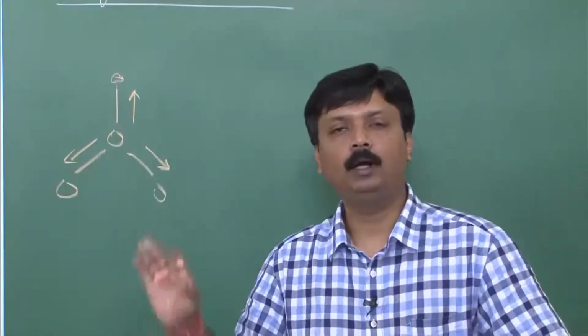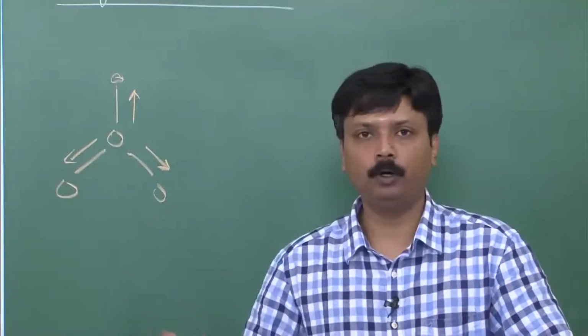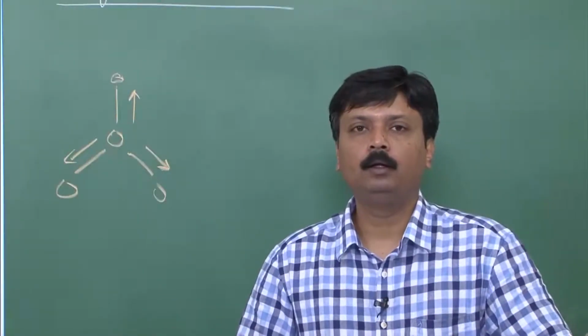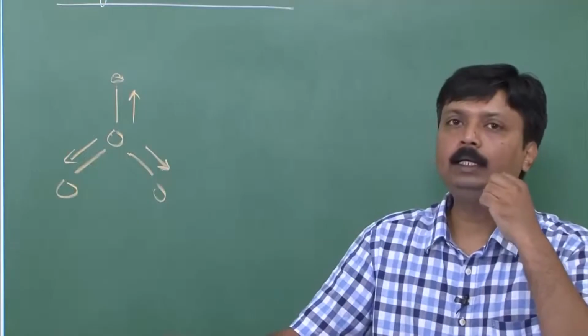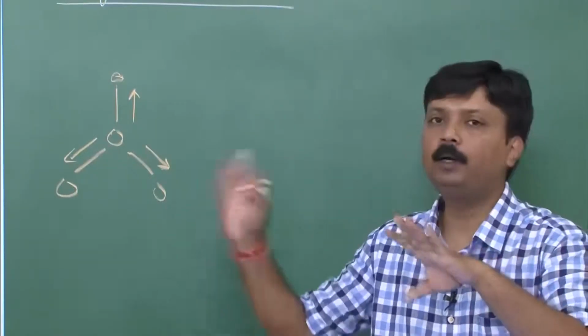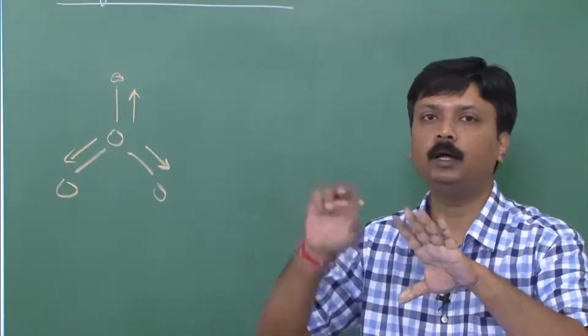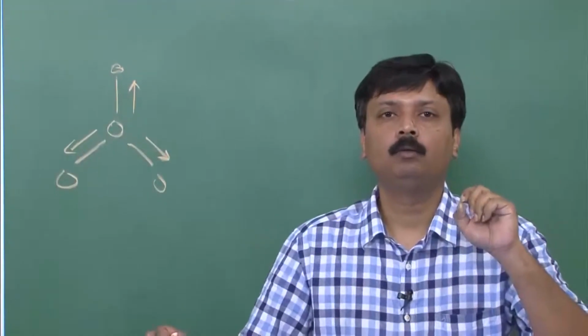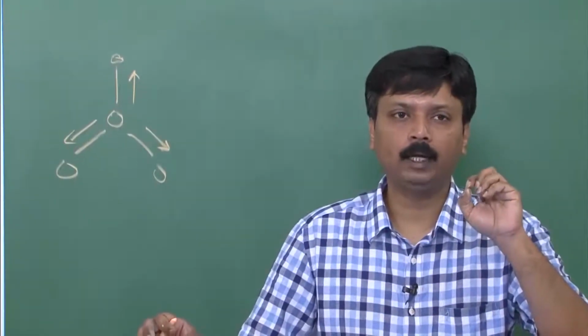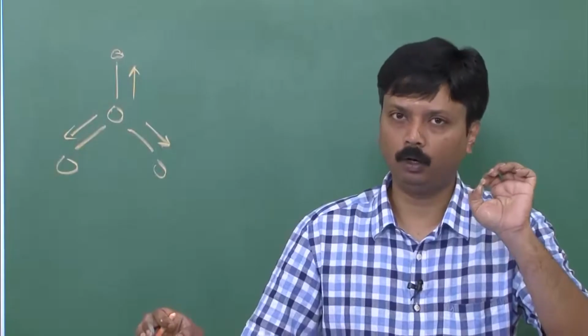Now, right now I am just drawing this on the board, but how can I get this one? Suppose I draw some arbitrary motions with arbitrary arrow directions. Will I be able to tell whether this is the right normal mode or not?